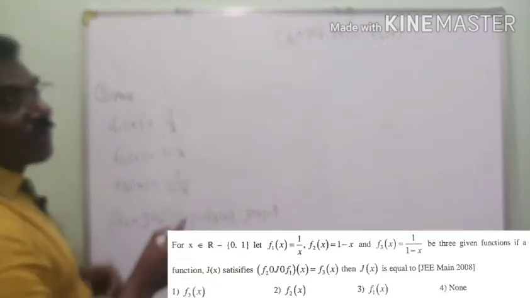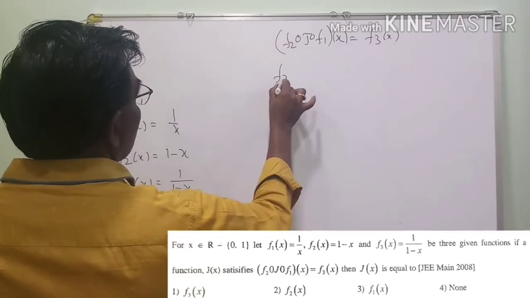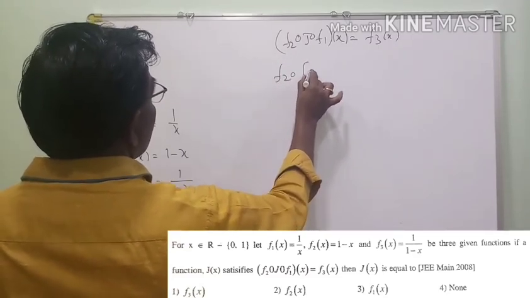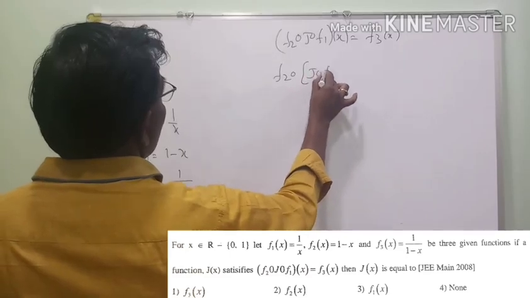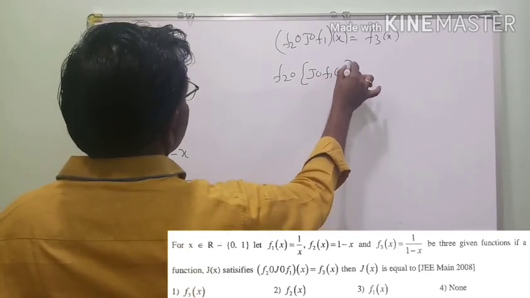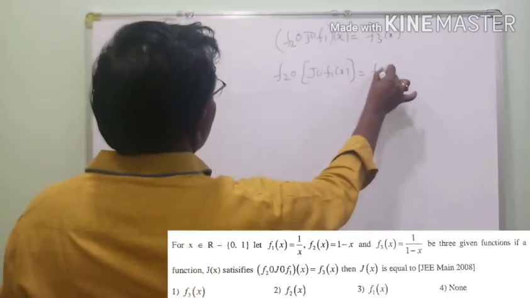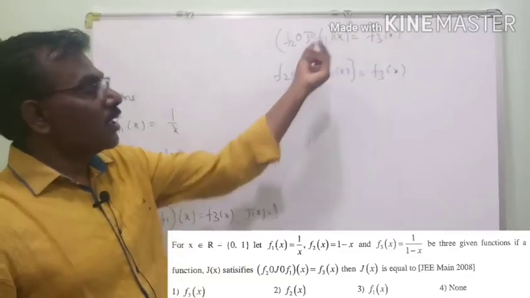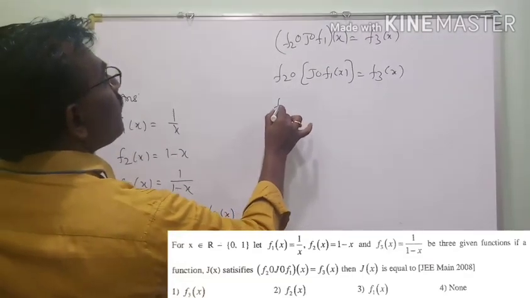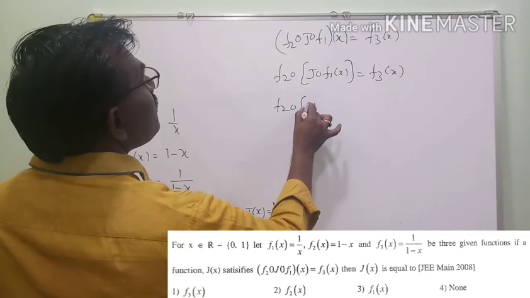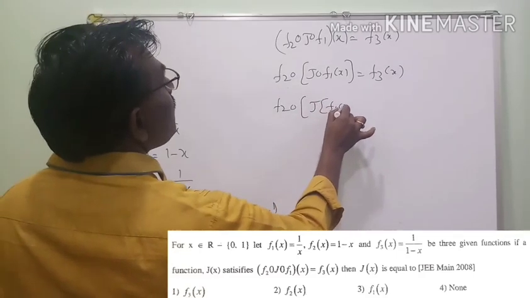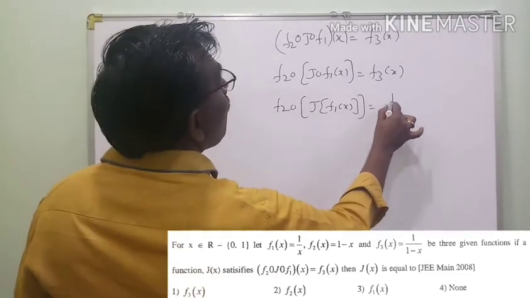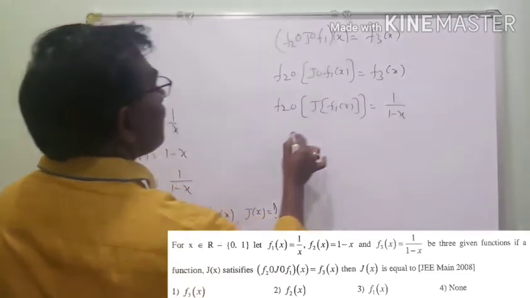We know the composition function. f2 composition bracket j composition f1 of x equal to f3 of x. You will take these two. f2 composition j of f1 of x equal to f3 means 1 by 1 minus x.